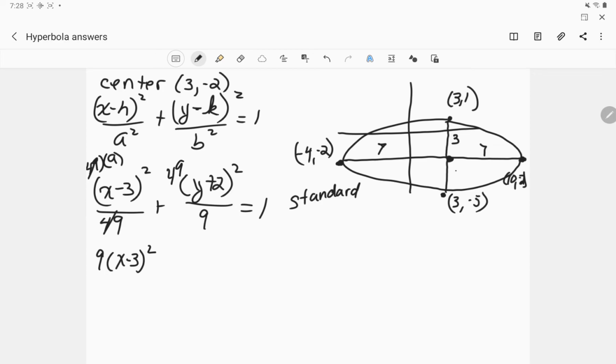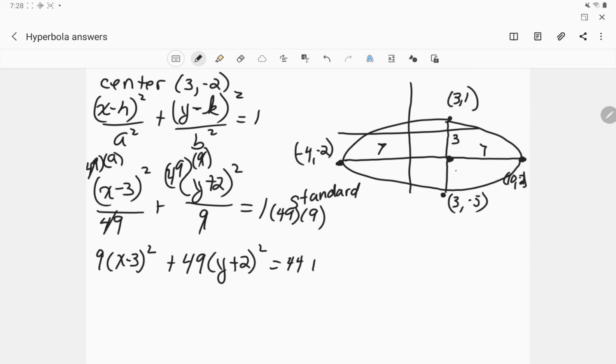Same thing here, I'm going to multiply by 49 and by 9 so that my 9's cancel, and I have 49 times y plus 2 squared. And I'm going to multiply the 1 by 49 and by 9, which I forgot to bring in here, so 9 times 9 is 81, carry the 8, 36, 441, I believe.